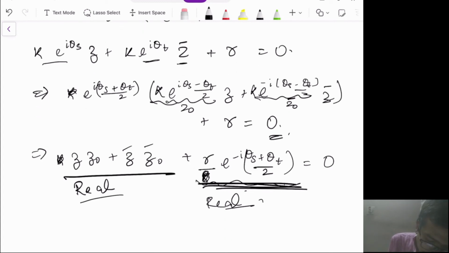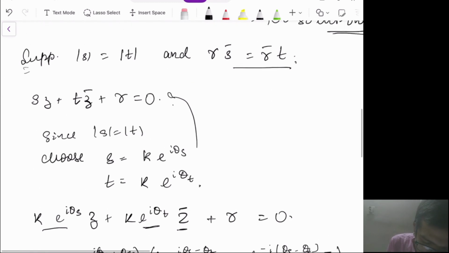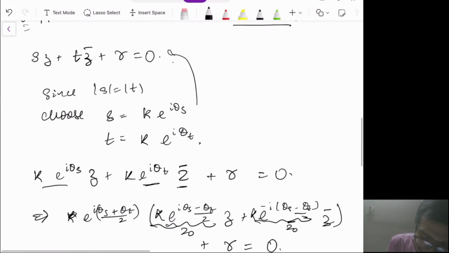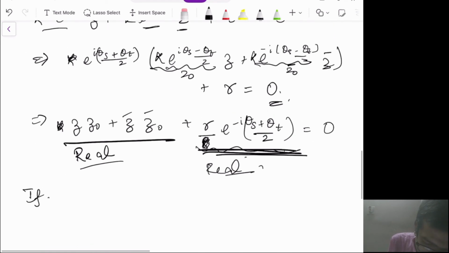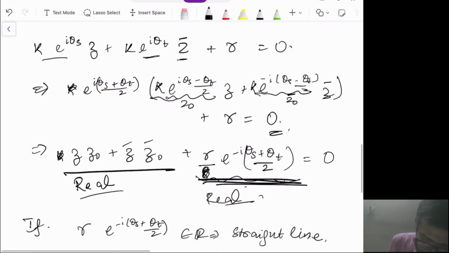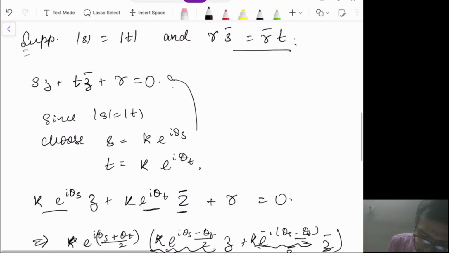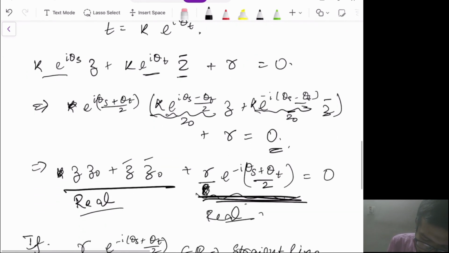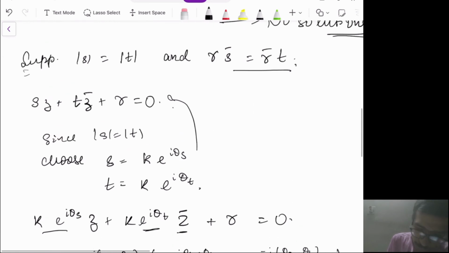So basically, if r times e to the power minus iota (theta s plus theta t)/2 is real, then we have the equation of a straight line.